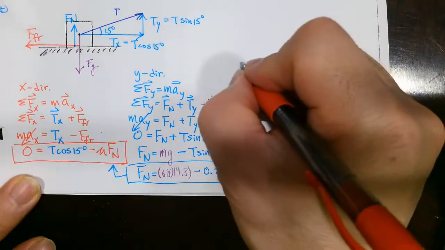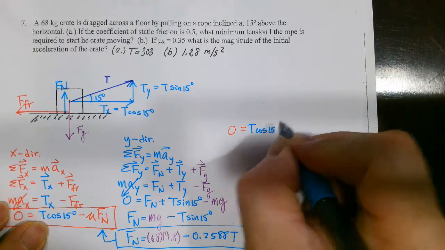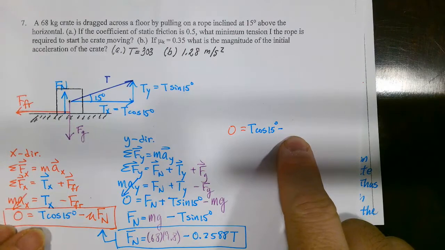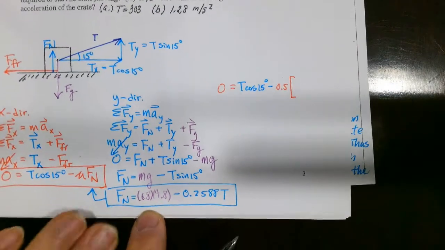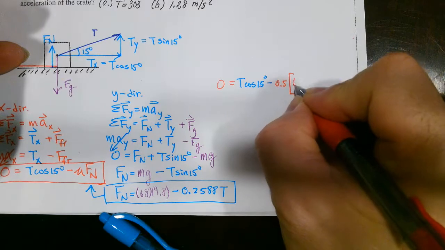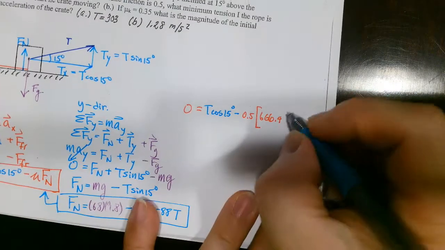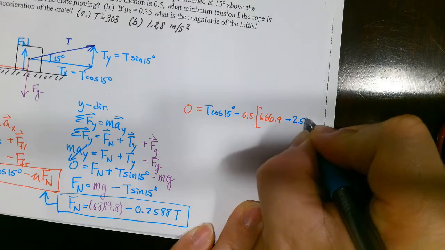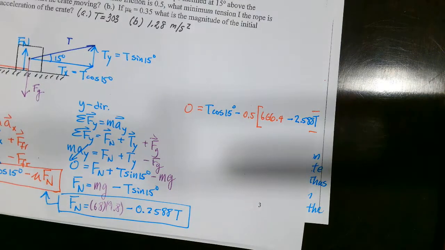So we can say 0 is equal to T cosine of 15 minus mu, which is 0.5, times 68 times 9.8, which is 666.4, minus 0.2588 T. Hopefully you should be able to calculate the rest from here.